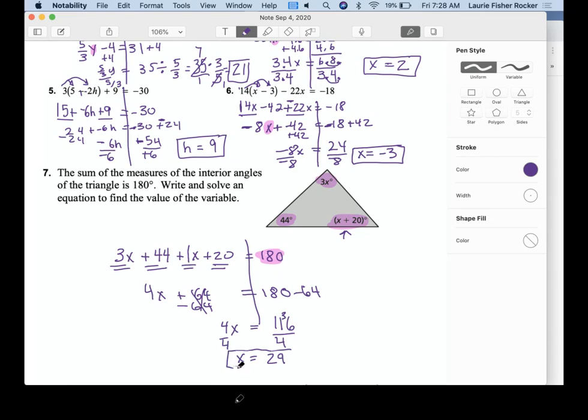So x equals 29. And it says, write and solve the equation to find the value of the variable. So what is x? So we did do that. So x equals 29. Sometimes it'll say to plug it back in and tell me what each of the angles is, but that did not. So, and we're done. So that is how we do these problems.